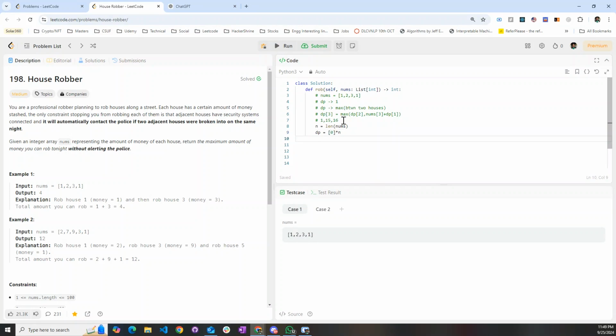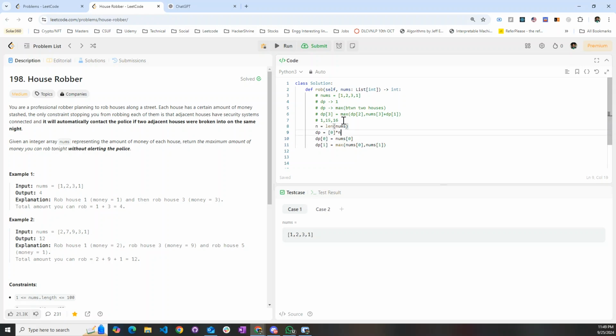Since we know the first house is going to be nums of 0, and then dp of 1 is going to be max of nums of 0 and nums of 1, right? So the first two elements are done. So we'll iterate from the third house.